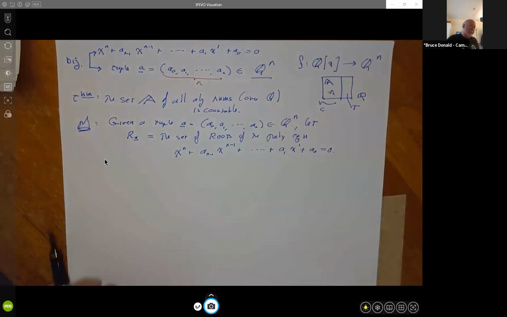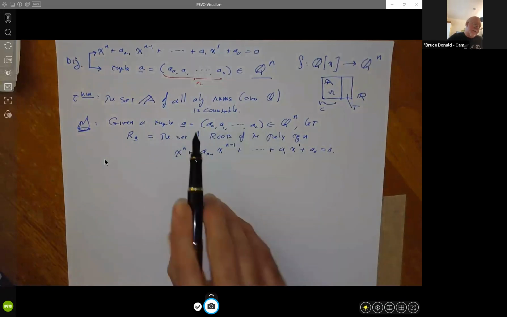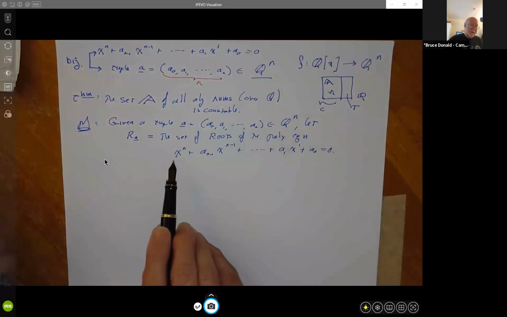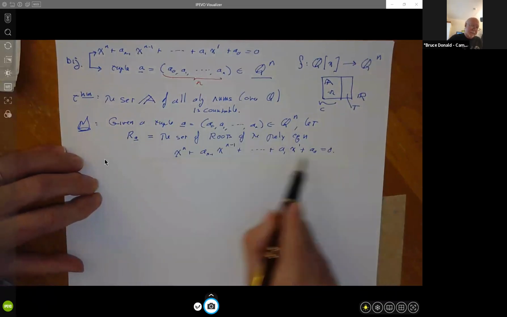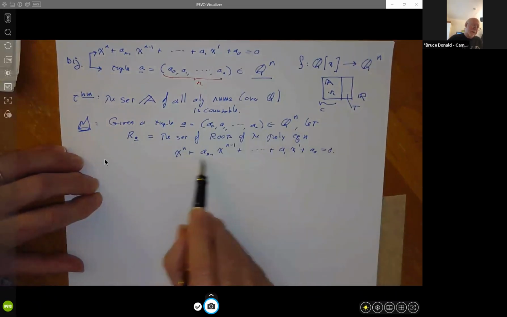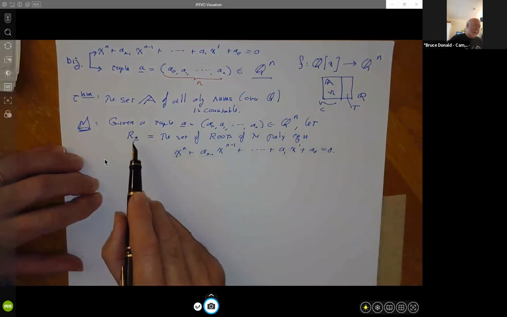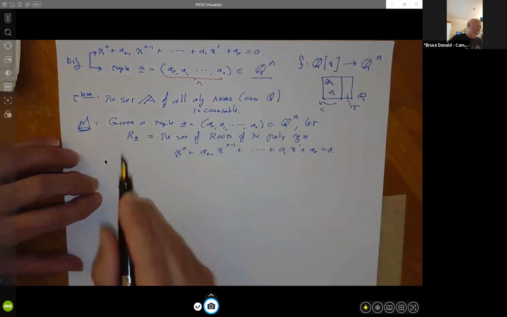So all I've done is I've said, given a tuple, which is a vector of rational numbers of dimension n, I define a polynomial equation like this, just our usual way. That has a set of roots. I let R sub a be the set of roots of that polynomial.